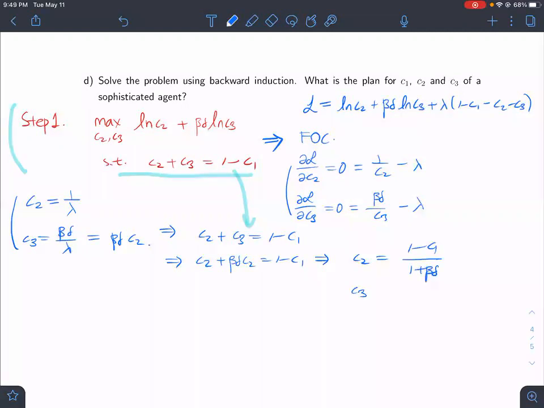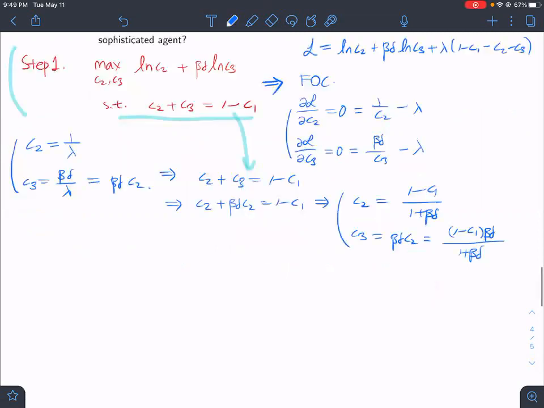C3 is beta delta C2, which is (1 minus C1) times beta delta over (1 plus beta delta). Yeah, I understand I'm going a bit fast. I'm sorry for that. So this part was coming from here, like this. And then step 2.